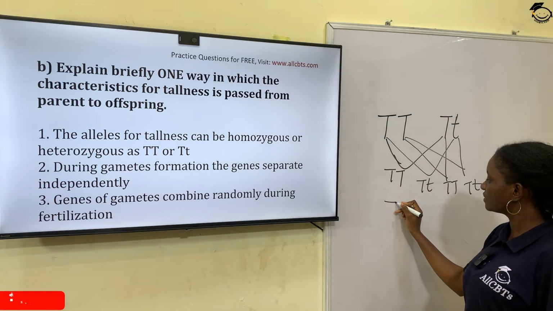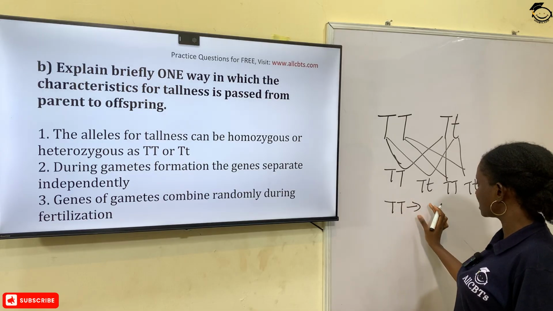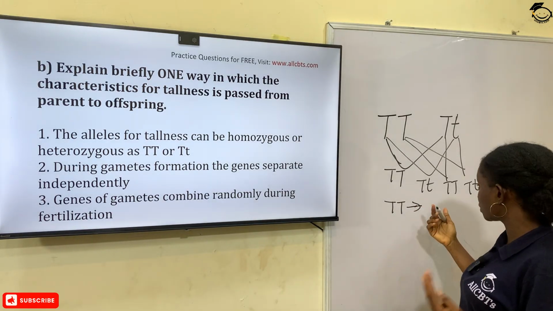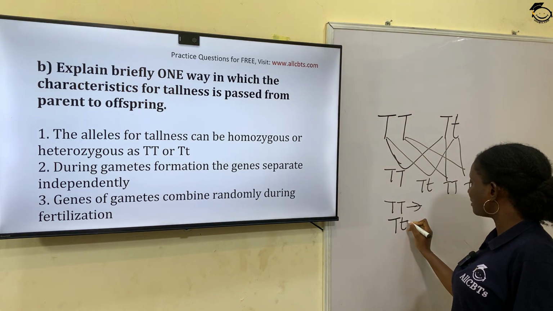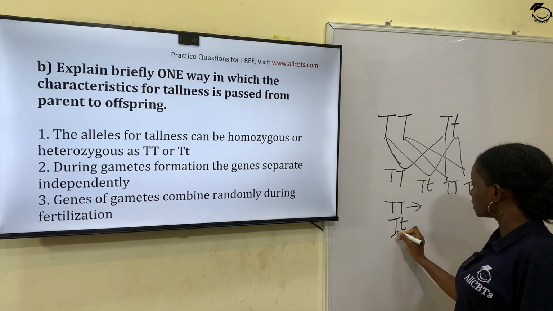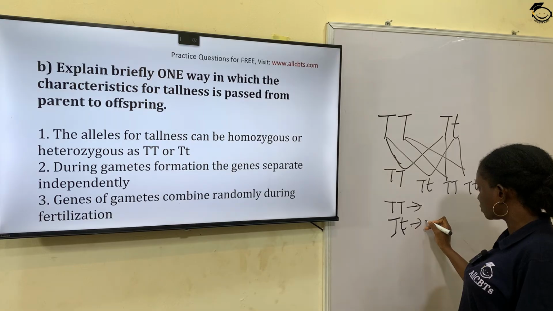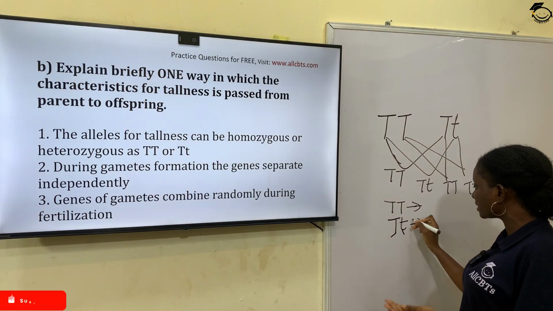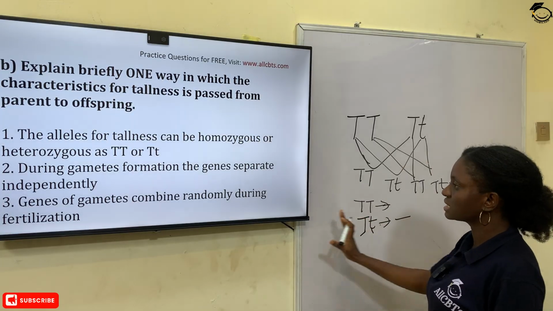So if you have TT, this dominant tallness, that means the offspring will be tall. Then if you have this, that means one is dominant, one is recessive. So the tallness can still be expressed.